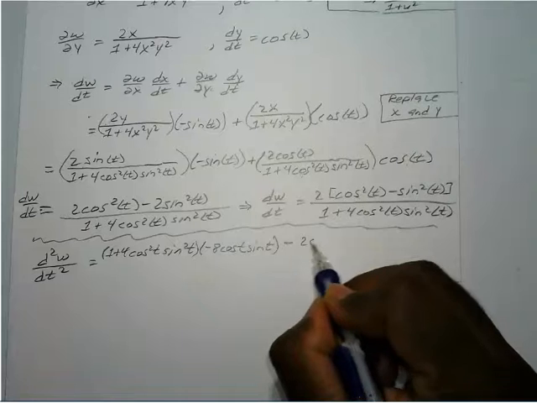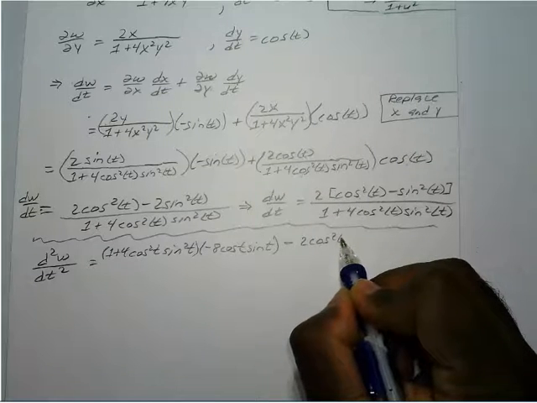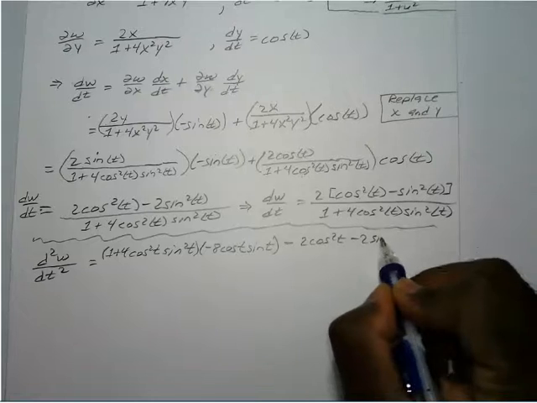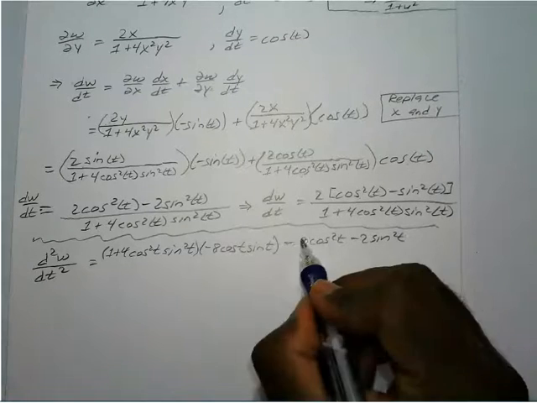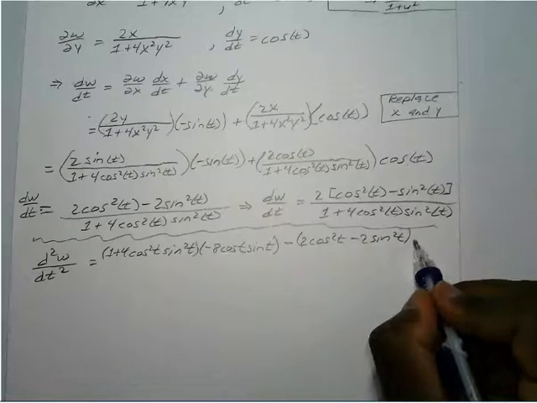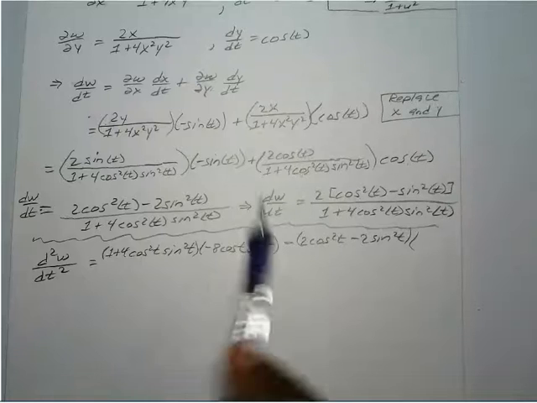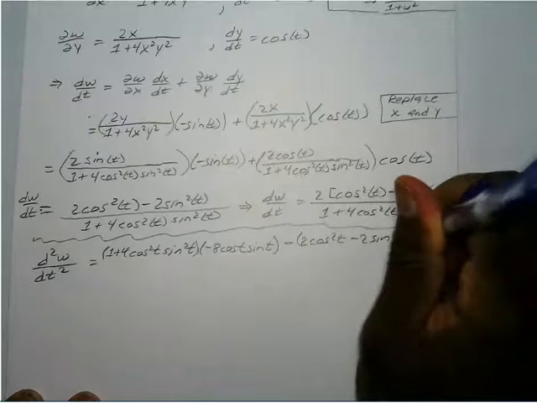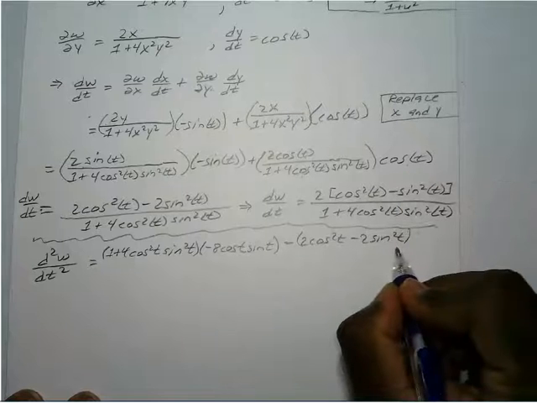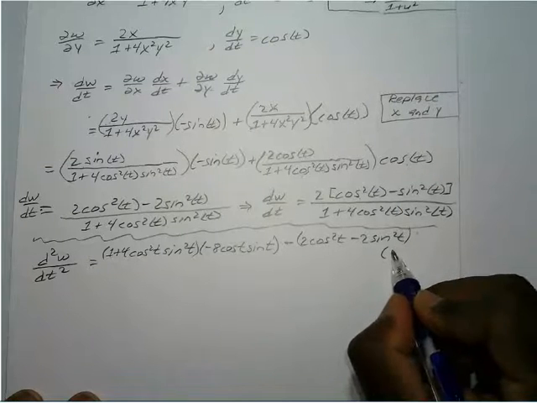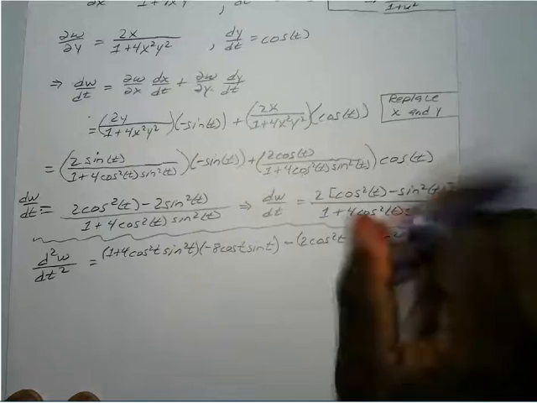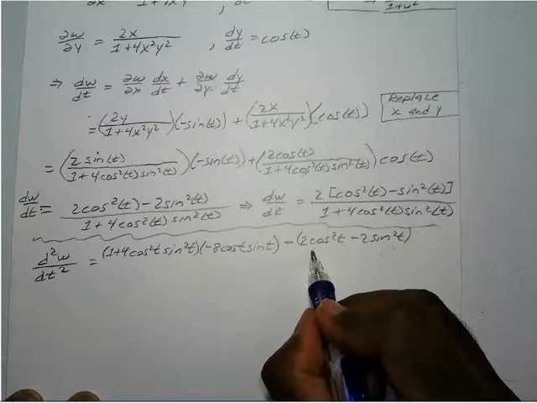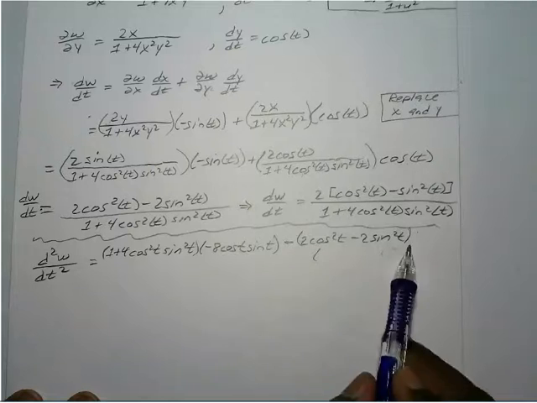So you have 2 cosine squared t minus 2 sine squared t times the derivative of the denominator, which is, I'm running out of room here, I'm going to need more space, because remember, this is being multiplied to this.